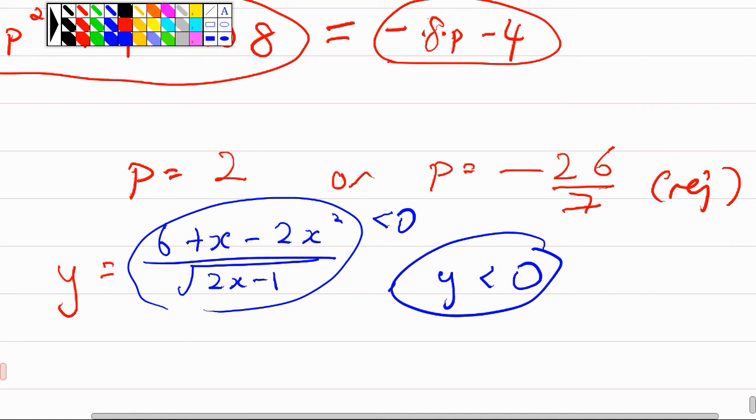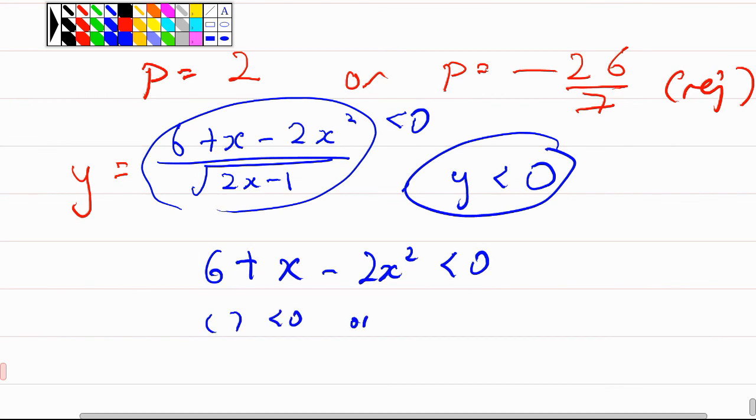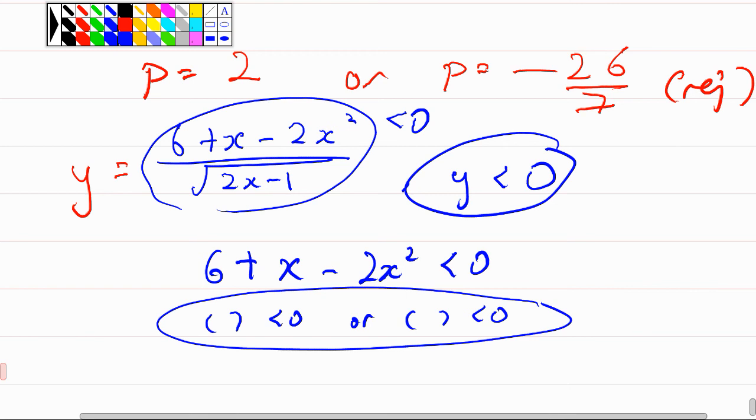So back to the official explanation. You only consider the top. So 6 plus x minus 2x squared less than 0. Then you solve this. The worst thing is you tell me this less than 0 or this less than 0. Anyone wrote this? Please don't.